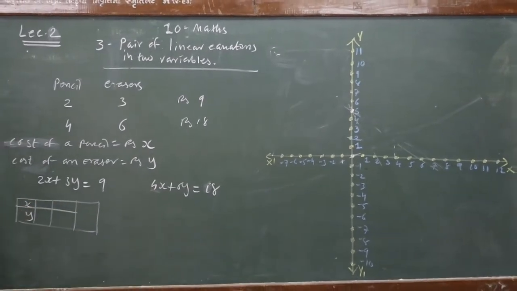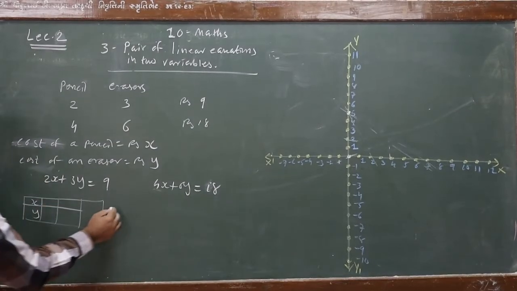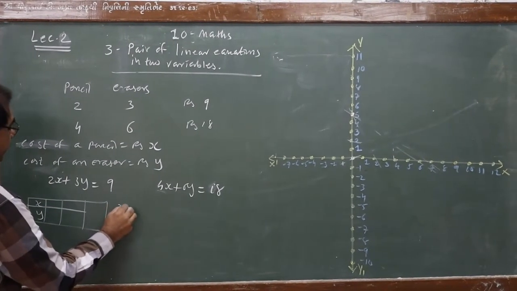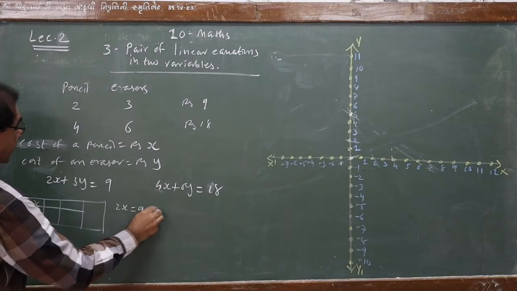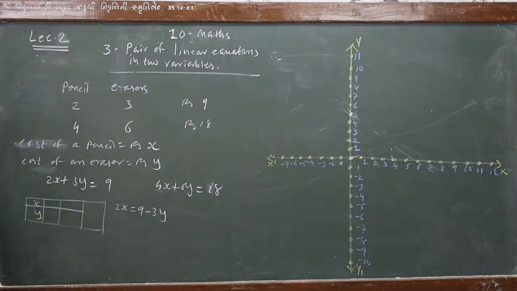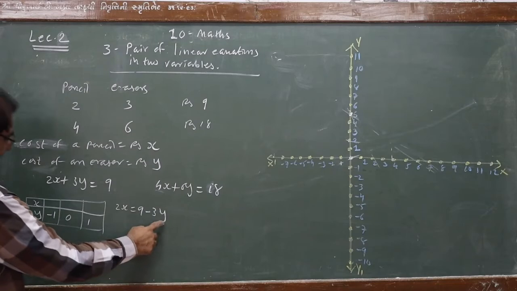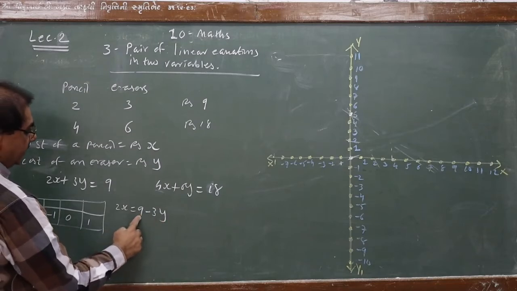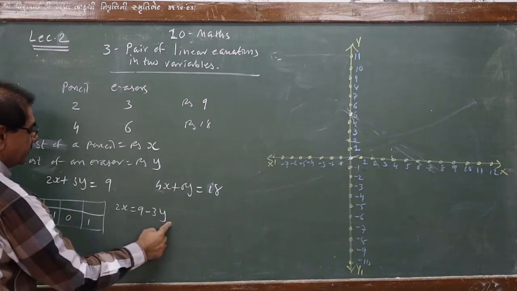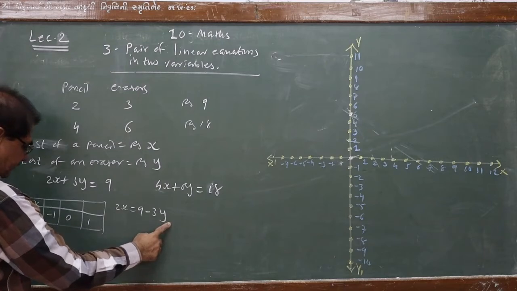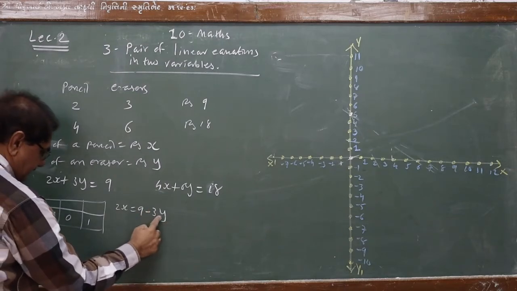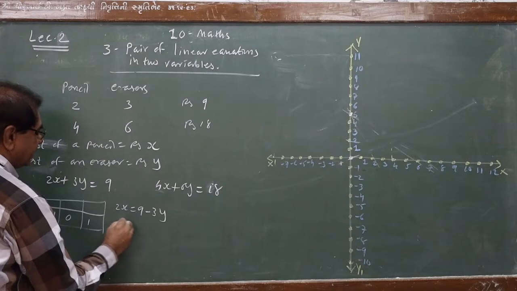Now let us go for the points, x, y. First of all, I transpose it. So 2x is equal to 9 minus 3y. For y, I take different values, suppose minus 1, 0 and 1. First of all, y is minus 1. So 9 minus 3 into minus 1, minus 3, so minus times minus is plus. 9 plus 3 is equal to 12.